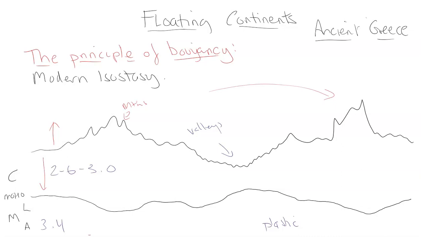But you also have this kind of root, which is that increased larger area of light material that's been sinking down, like in the iceberg, and it's the root of the mountain.